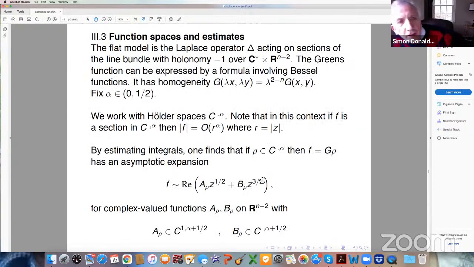So that gives our setup, but we haven't said anything about what kind of functions and so forth exactly we want to use. So now we go to that.